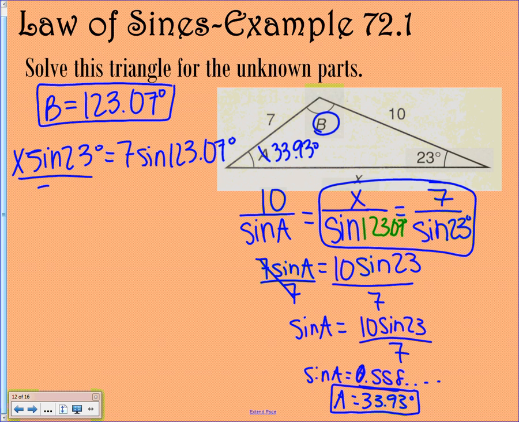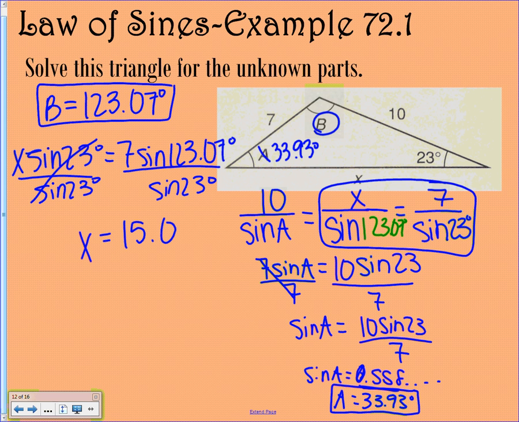And so you would just divide by the sine of 23. And if you plug that into your calculator, you should get that X equals 15.01. And it should be the longer side because it's opposite the larger angle. Okay, so that's how you would use law of sines.